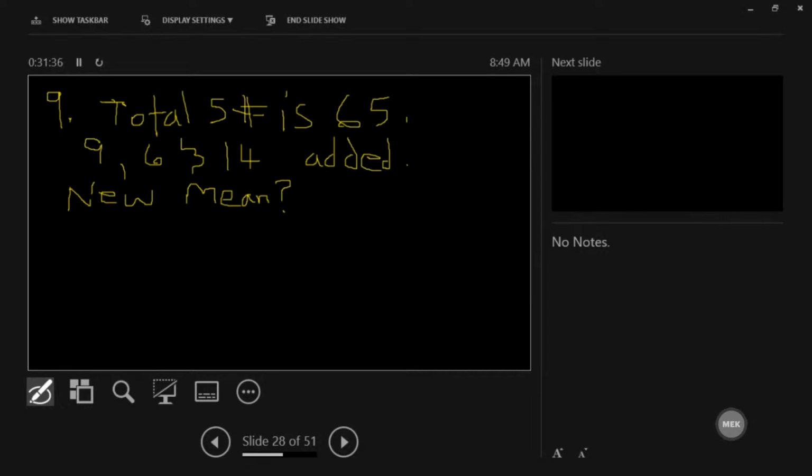Just follow the steps that we did last time. The total of 5 numbers is 65. 9, 6, and 14 are added. So what is the new mean? Post your answers for number 9 as soon as you get it.